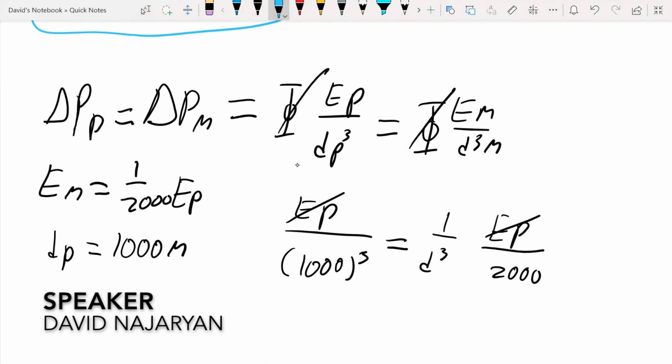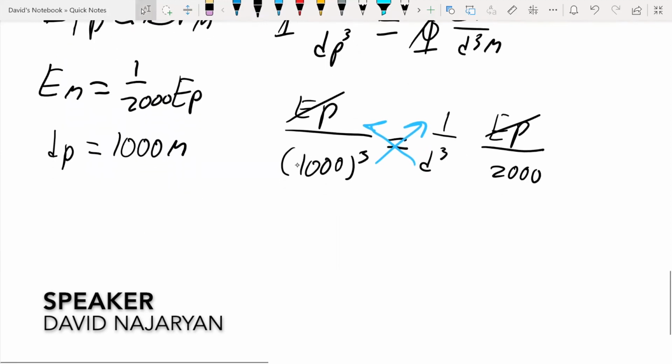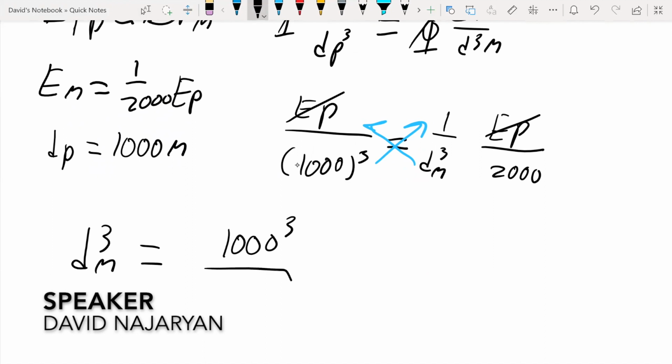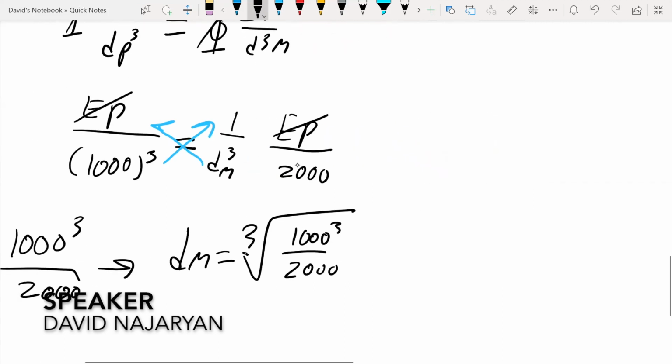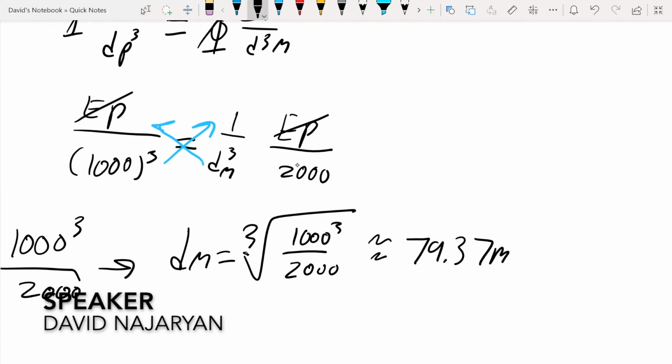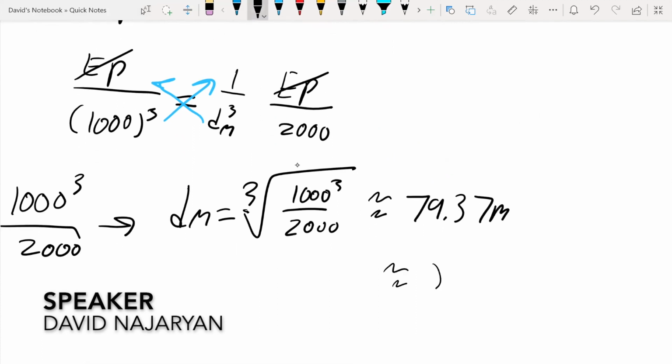And just by moving these to the other side, we get that the diameter of our model, or the blast distance of our model, is equal to this statement: the cube root of 1000 cubed over 2000, which is about 79.37 meters. And if you want to round up, we can say it's 80 meters.